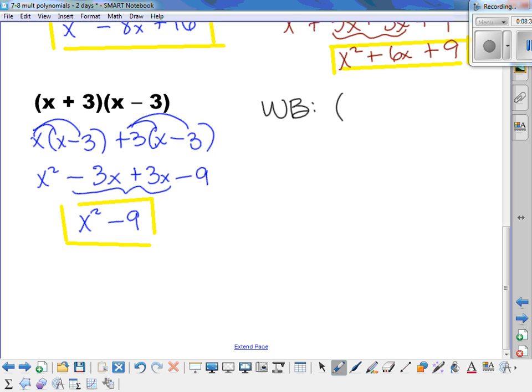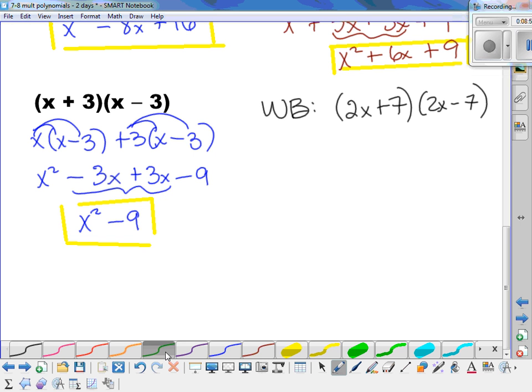So I'll have you guys give one a try. How about 2x plus 7 times 2x minus 7? Okay, so it looks like most of you were getting it.